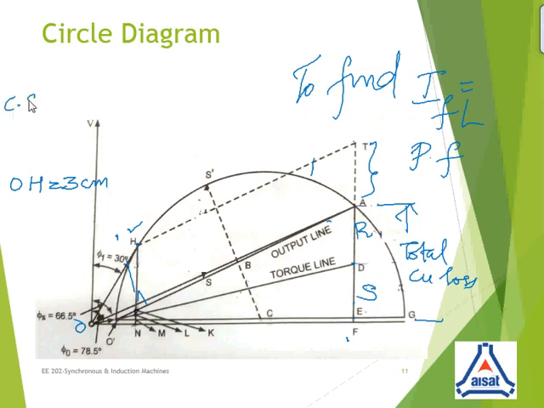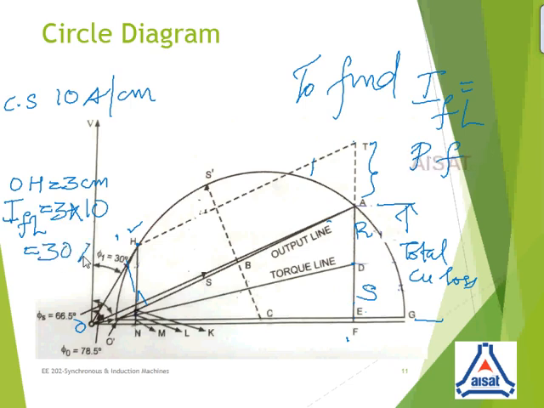The current scale is 10 amps per centimeter, which we have chosen in step 4 or step 5. So OH is 3 centimeter, which means the full load current is 3 into 10, which is 30 amps. So that completes one answer to the question.